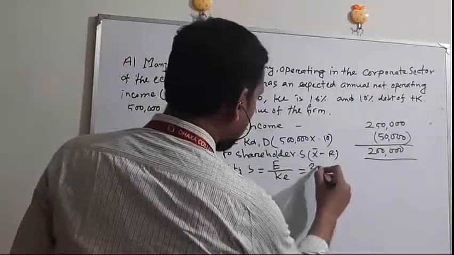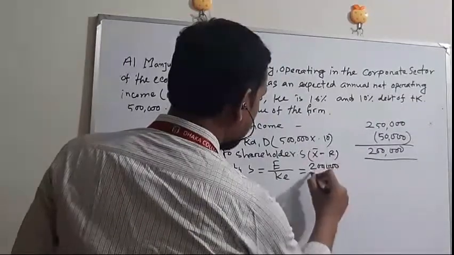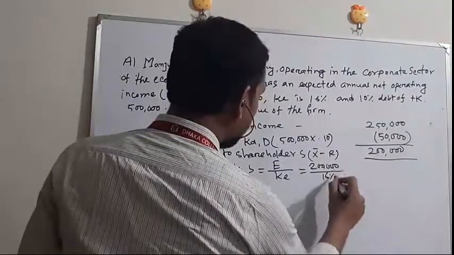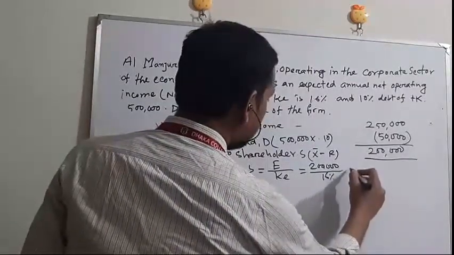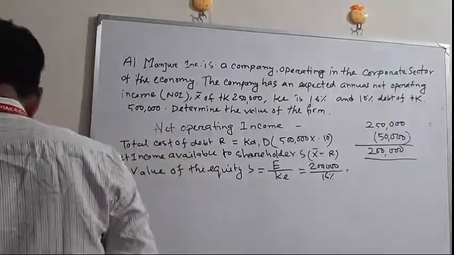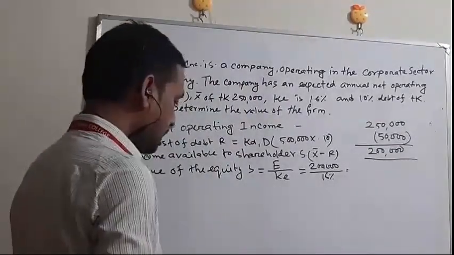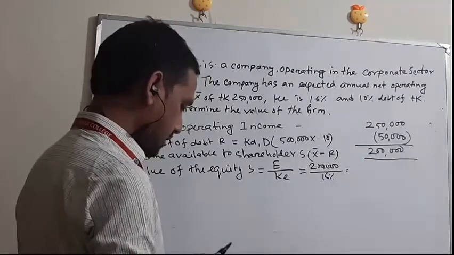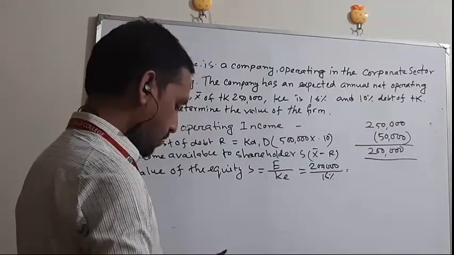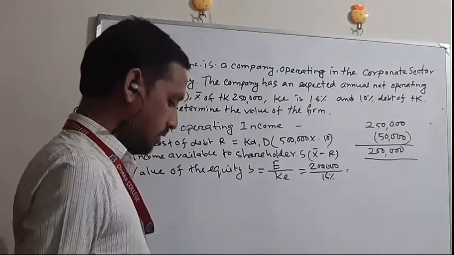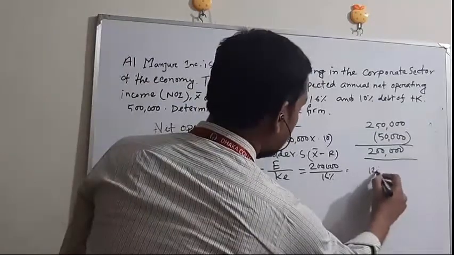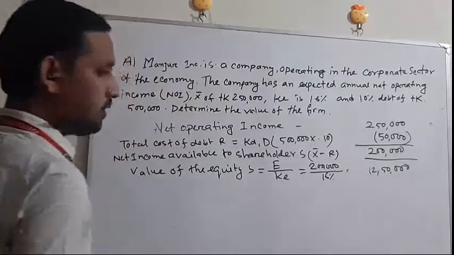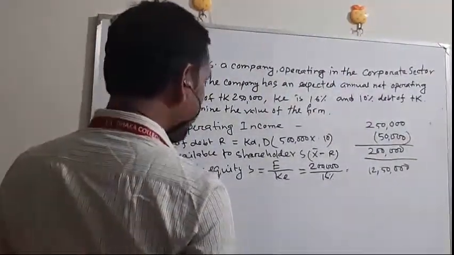Here earning is 2 lakh and the equity capitalization rate is 16%, that is 0.16. So 2 lakh divided by 0.16 is 12 lakh 50,000 taka.